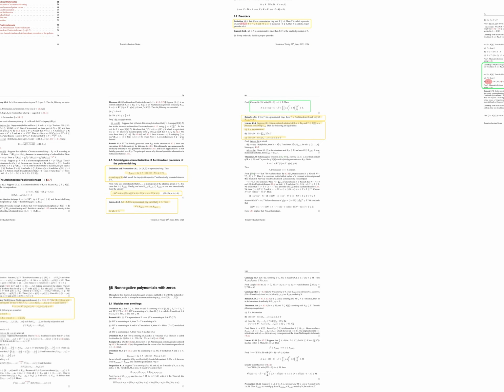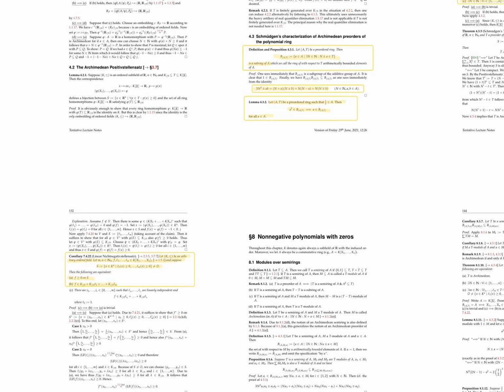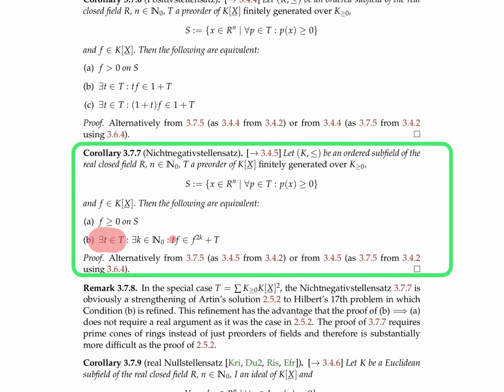And also the Nichtnegativstellensatz, this one, you have also this denominator thing here, and you really don't know how to handle this. You could of course also handle the denominator: if t is, for example, a sum of squares of polynomials, then you could also search for this denominator at the same time using another Gram matrix.